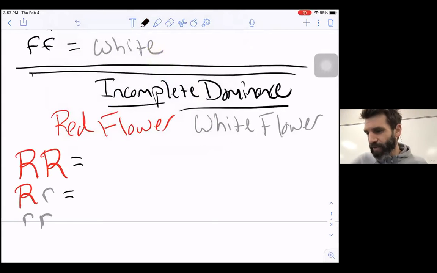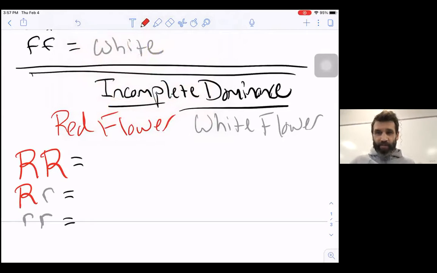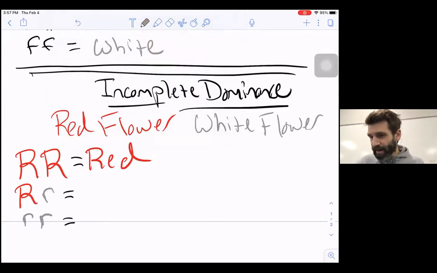Let's figure out what these equal. If it's two capital R's, you might recognize that this would be red. It gives a red flower. And if there are two lowercase r's, that would probably be the white flower.